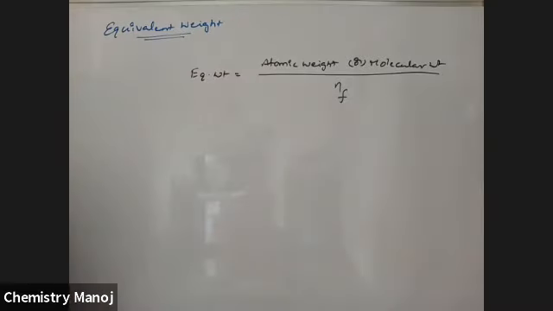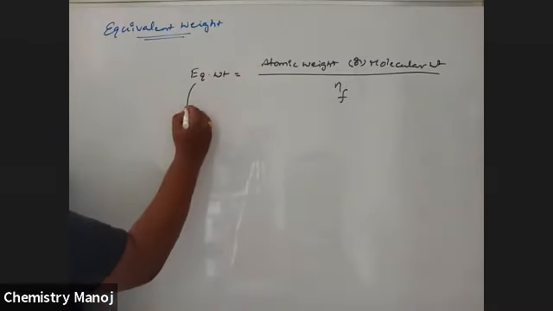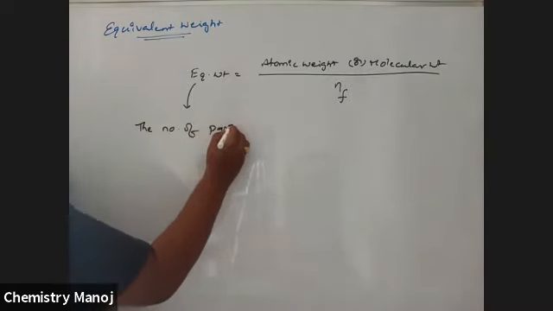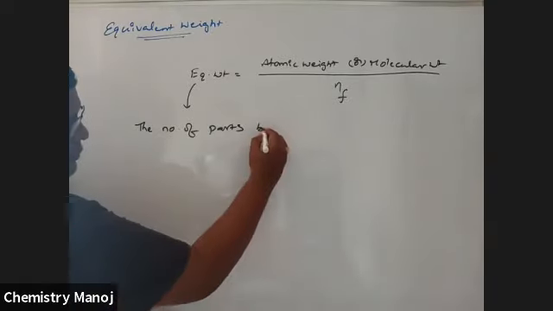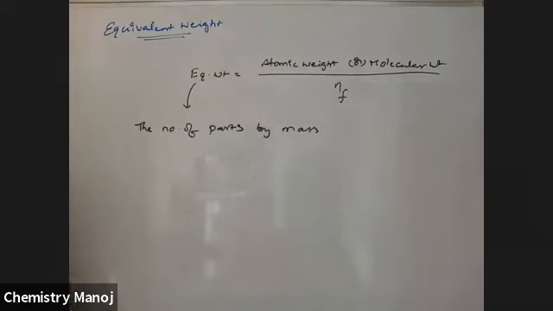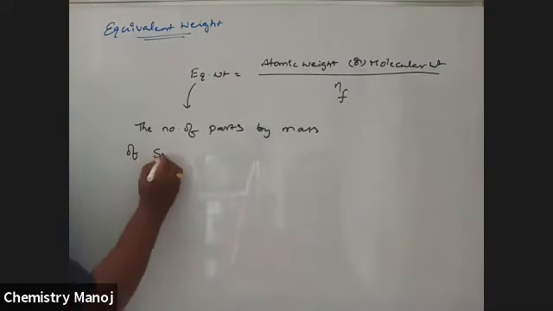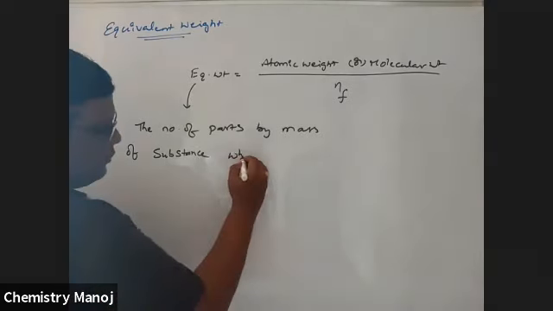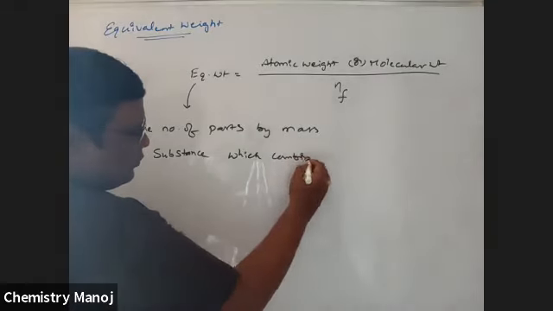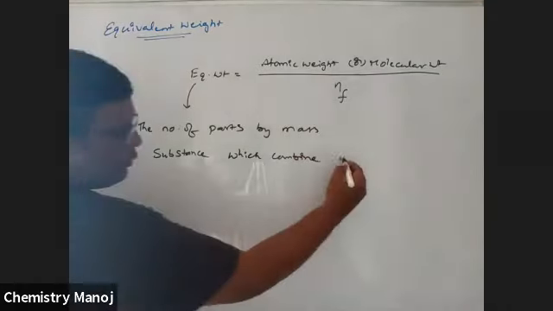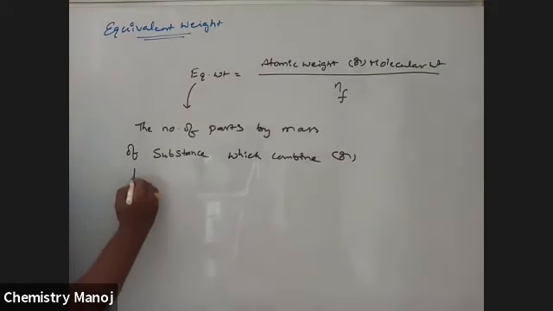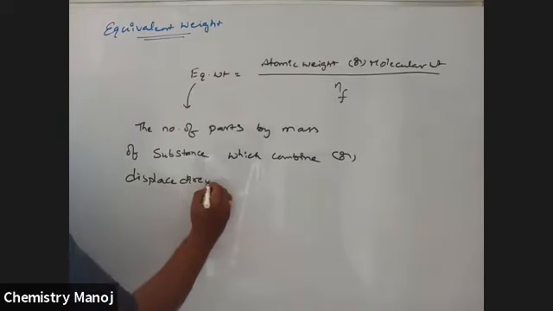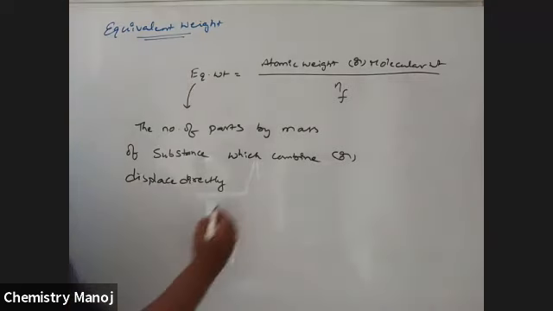Actually, equivalent weight is nothing but the number of parts by mass of a substance which combine or displace, directly or indirectly.